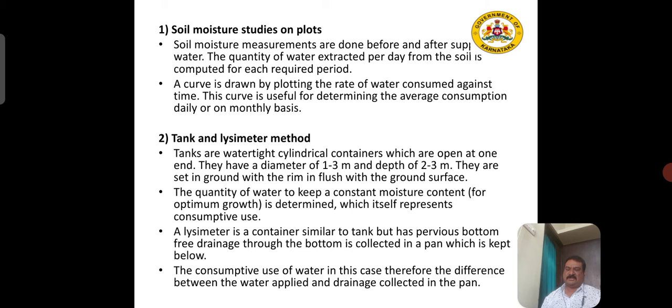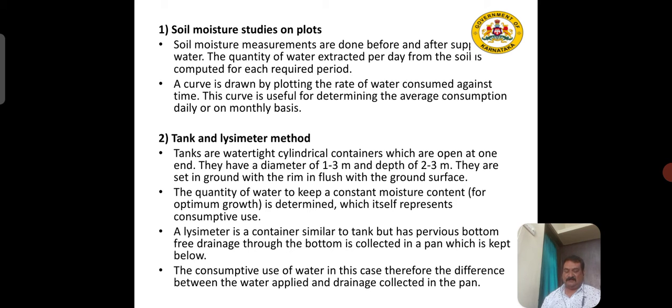In soil moisture measurements, these are done before and after the supply of water. The quantity of water extracted per day from the soil is computed for each required period. A curve is drawn by plotting the rate of water consumed against the time.